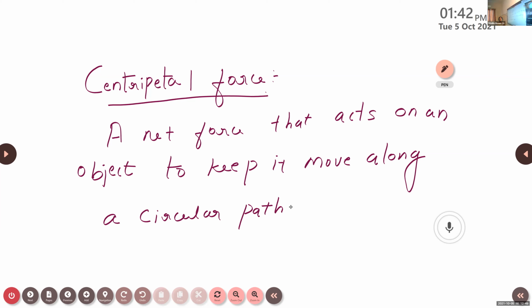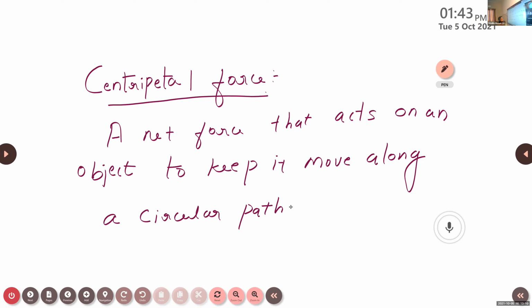If and only if the centripetal force is present, then only the object can continuously move along a circular path. So this net force that acts on an object to keep it move along a circular path is known as centripetal force, or the force associated with the object along a uniform circular path.